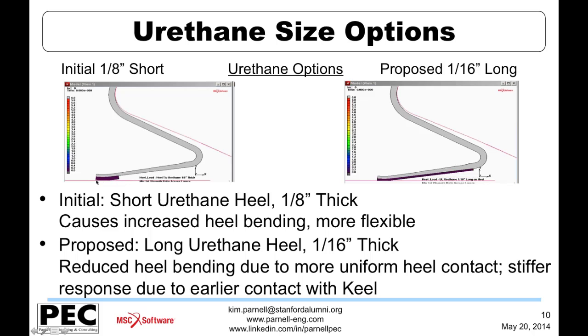Looking at this urethane pad component on the lower portion of the heel, so a thicker and shorter length of urethane as compared to a thinner and longer set of urethane, and looking at some of the aspects of each and what they represent in terms of loading onto the carbon fiber composite heel and the effects of them then.